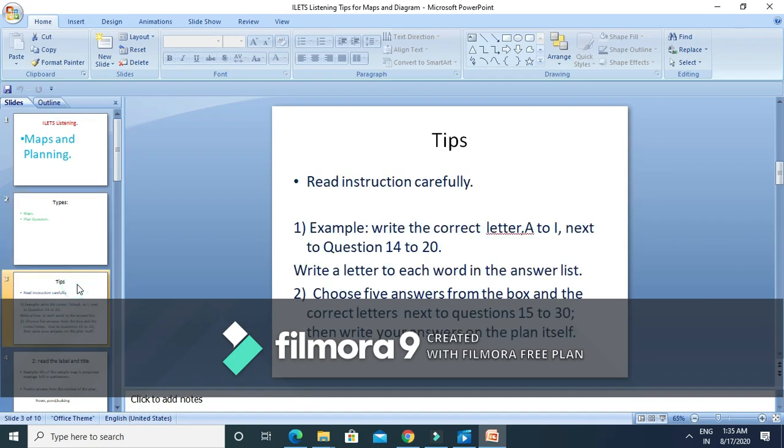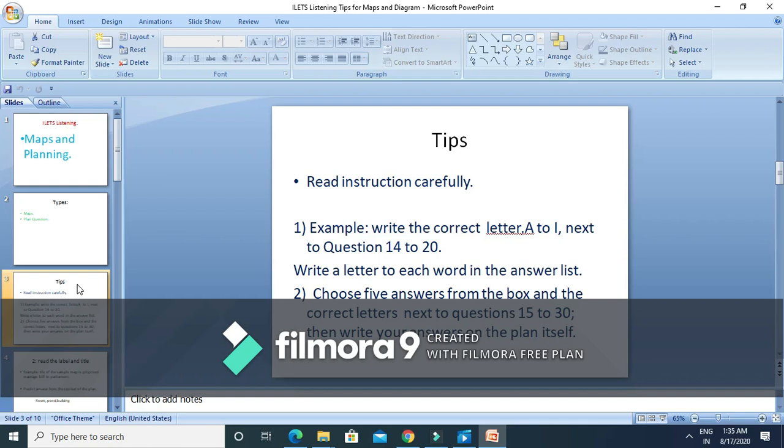Tip number 2 says read instructions carefully. It's a very important tip. For example, when it is written, write the correct letter from A to I next to questions 14 to 20, that means you need to write a letter for each item in the answer list.